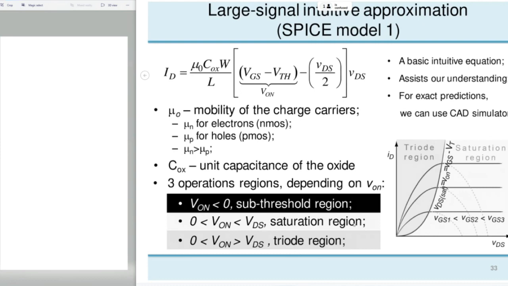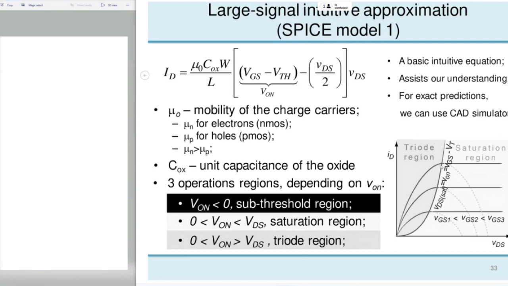And then in the current versus drain source voltage characteristic, or the output characteristic of the device, if we plot this equation, it will look like this. When the drain source voltage becomes equal to the V on voltage, we change from the triode region into the saturation region.